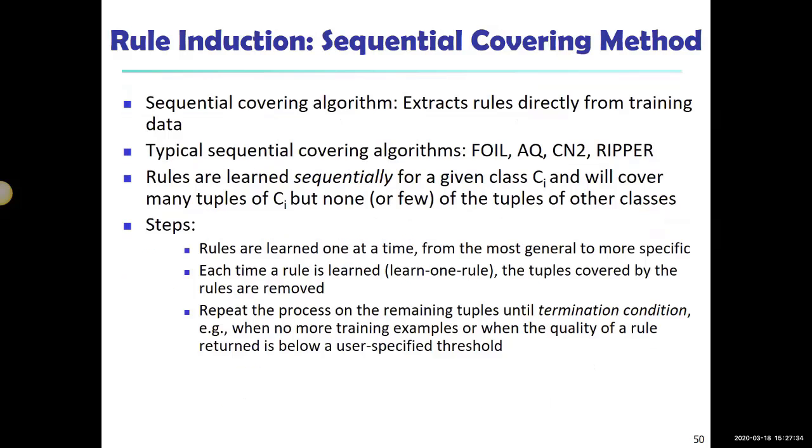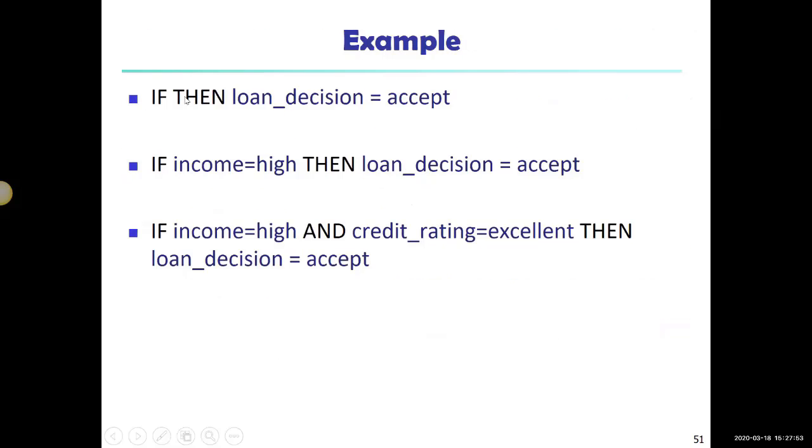Okay, so we can learn rules. Rules can be learned, so it's called the sequential covering method. We start from the very first rule, and when we learn the very first rule, we will make the rule very, very general, like if no condition, then loan decision is accept.